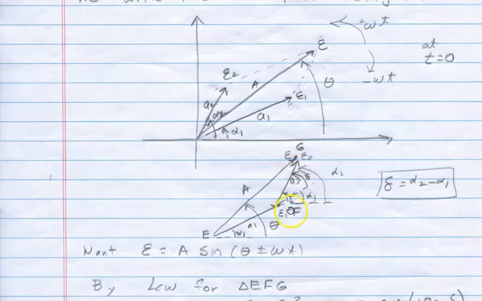This whole angle is alpha 2. But if I take the difference, alpha 2 minus alpha 1, that's just delta. So the difference in the phase, the difference of phases, is alpha 2 minus alpha 1, and that's just this, from the direction that E1 is to the direction of E2, just the difference in those. So that angle is delta. And that's what we want.